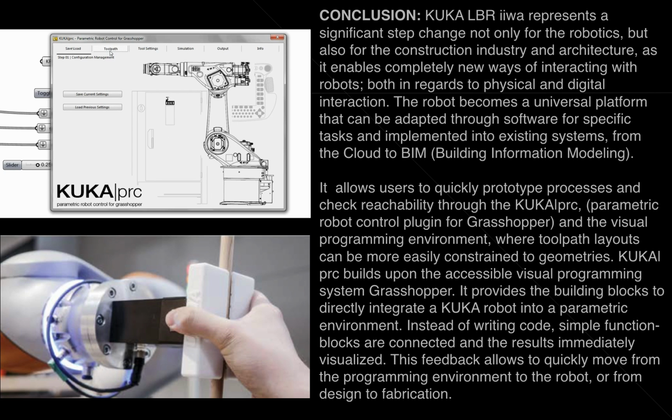The robot becomes a universal platform that can be adapted through software for specific tasks and implemented into existing systems from cloud to BIM, building information modeling. This clip shows the interface between Grasshopper and PRC, the Parametric Robot Control plugin for Grasshopper.